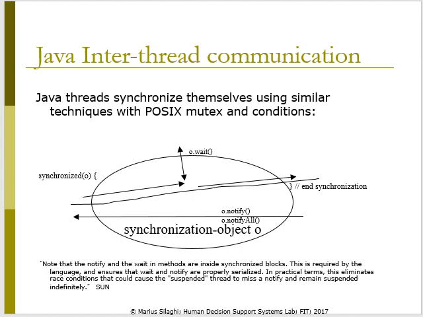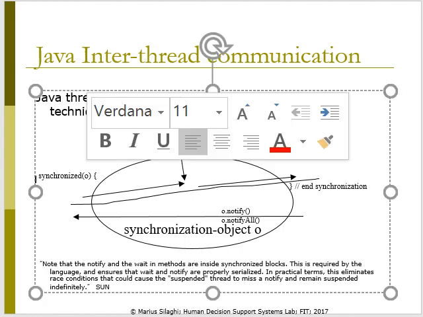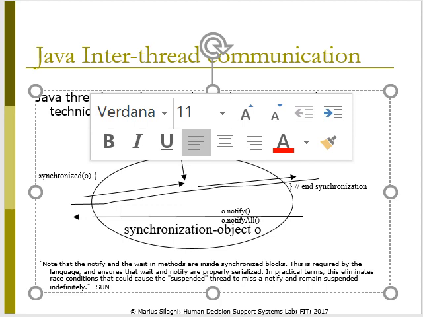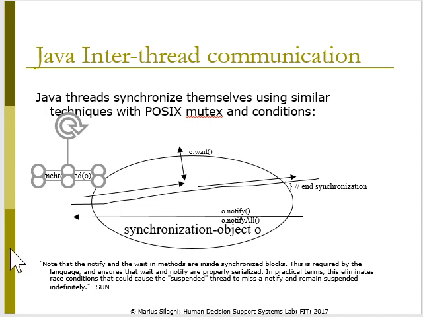However, Java being an object-oriented language, we do not have the procedural approach of entering a region and exiting a region, but rather the region is a block, and the block of code where threads are mutually exclusive is marked with the synchronized keyword, so synchronized of O, where O can be any object in the system.